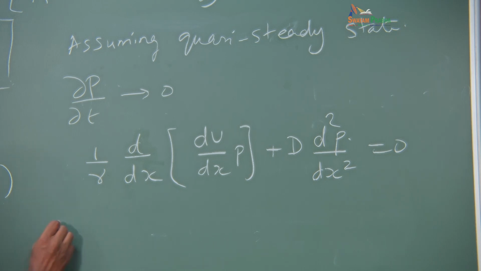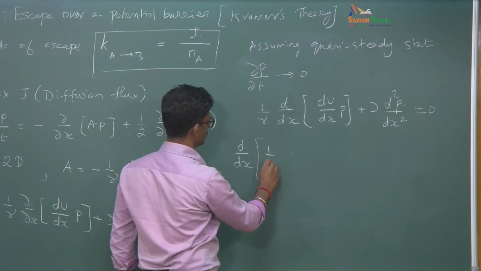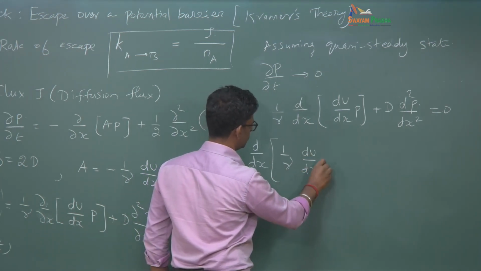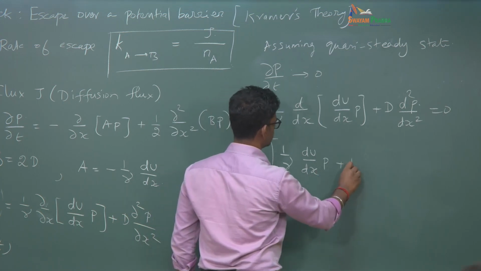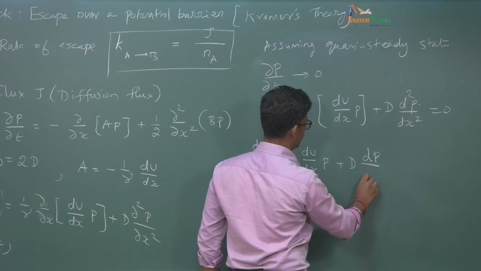Or we can write this as d by dx of 1 by gamma du dx P plus D dP by dx.